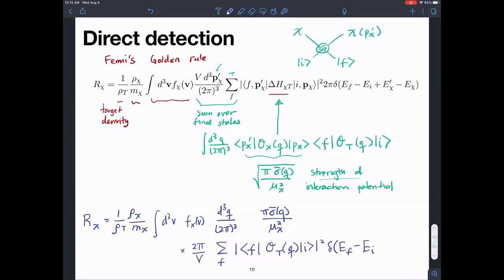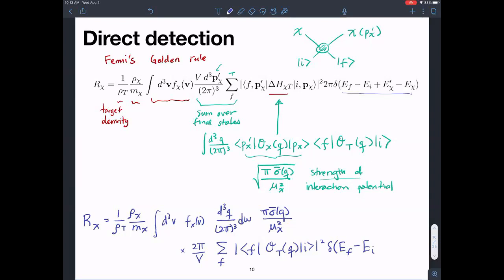And in order to really separate them out, what we have is this energy conservation delta function, which just says that of course, the energy you lose from the dark matter has to go into the system. And I'm just going to define a new auxiliary variable called omega.